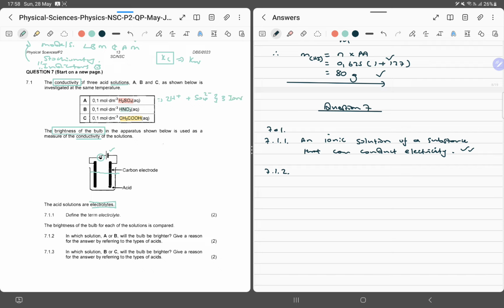What about this one? Nitric acid will only give us 1 mole of hydrogen ions plus the nitrate ion. So we only get 2 ions in essence. So the more the merrier, right? That is the story, 2 against 3. So obviously sulfuric acid should be the one. So we're going to say A.